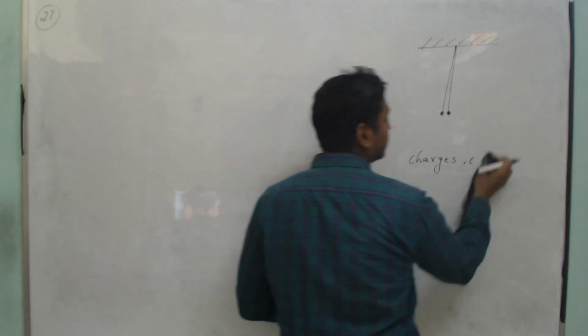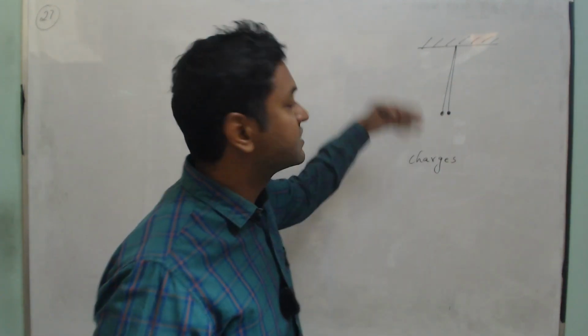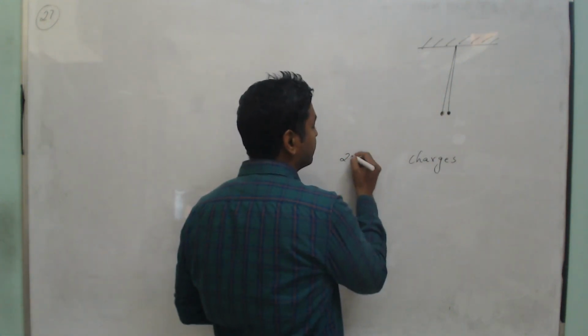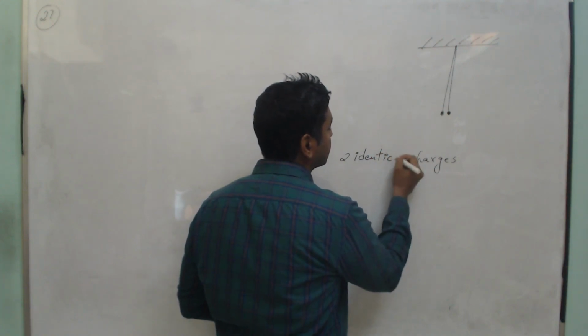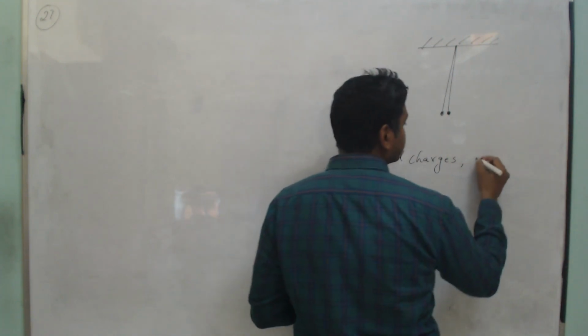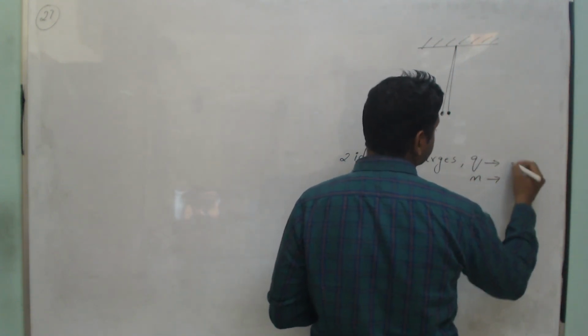When we say identical charges, what does that mean? The charge and mass are the same. So we have two identical charges, meaning that the charge on each and the mass on each is same.